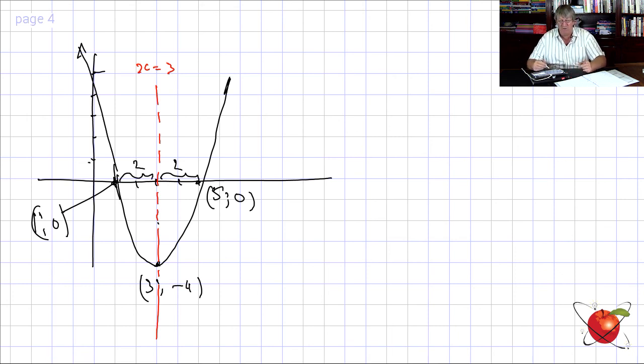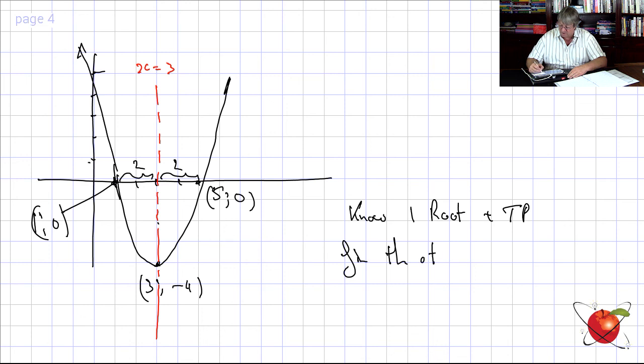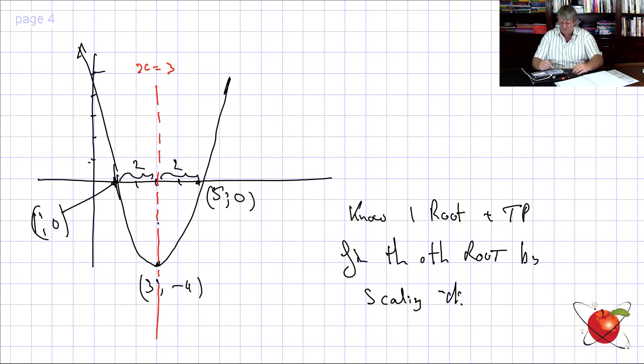So please remember, if you know one root plus the turning point, you can find the other root by scaling it. If I gave you that and that, and I said, what's the root?